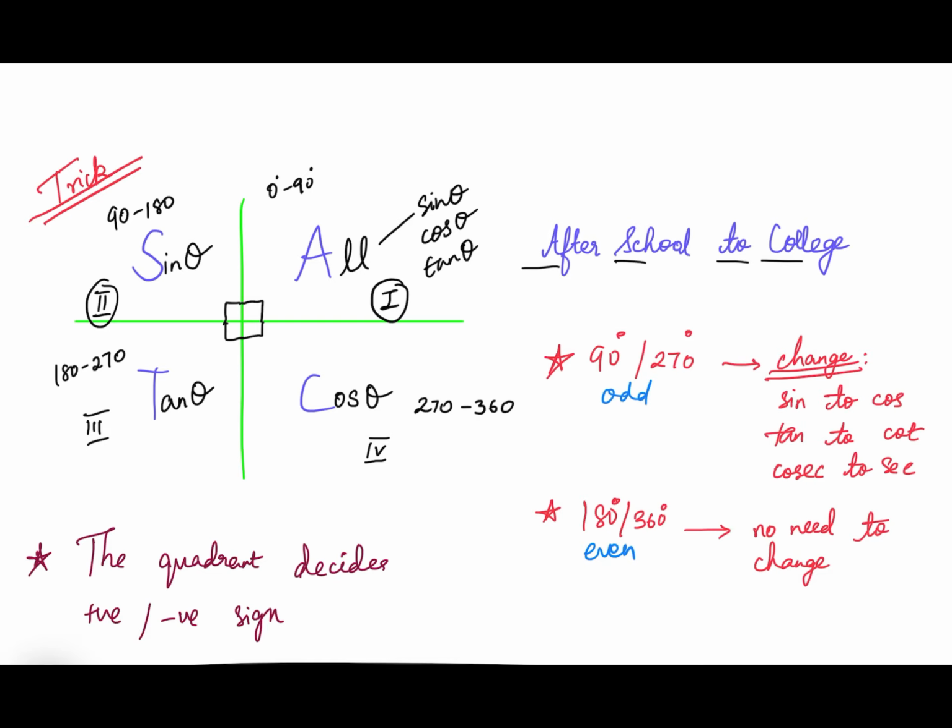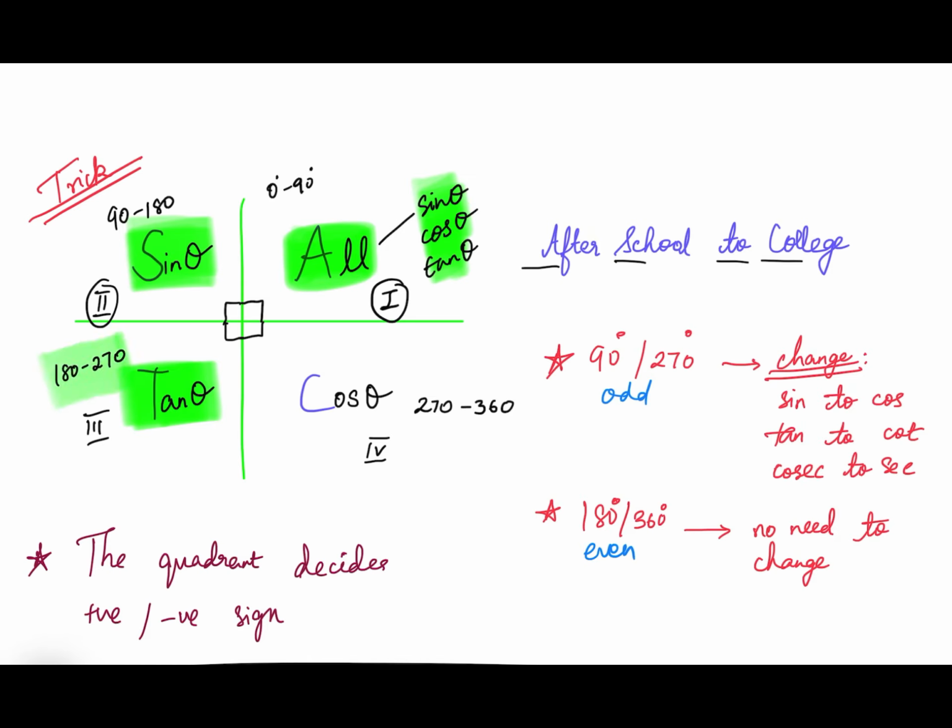Now, why did I say all, sin theta, tan theta, cos theta? If you see, in this quadrant, all the theta are positive. If you see sin 0 to sin 90, you can take any value, it will be a positive value. Similarly for cos theta, similarly for tan theta. In this quadrant, you will find that only sin theta is positive.